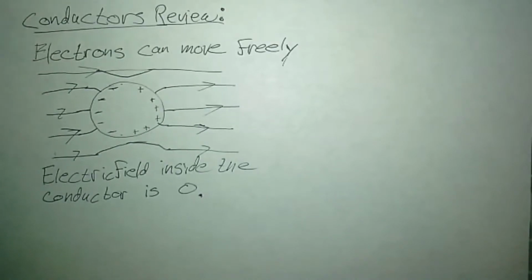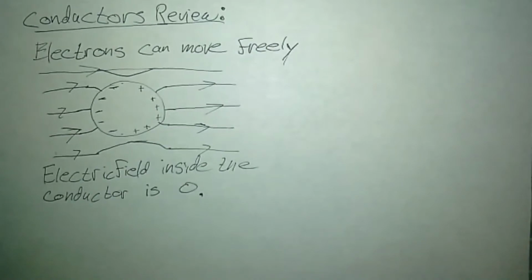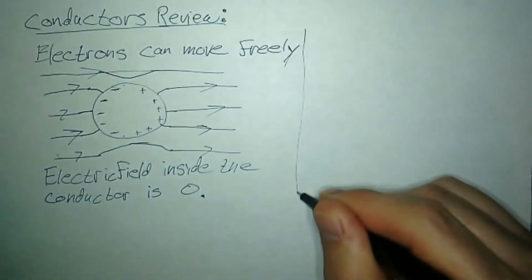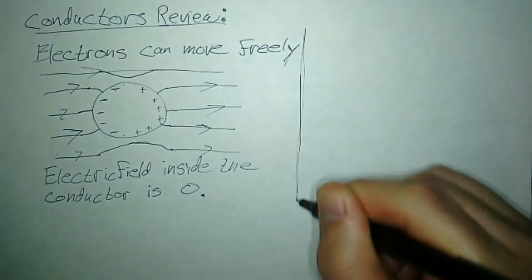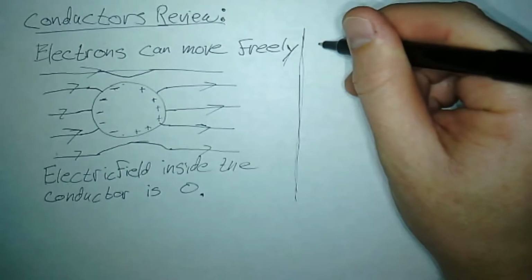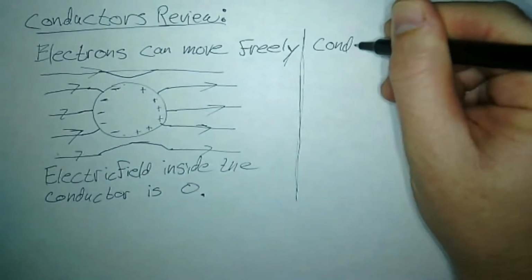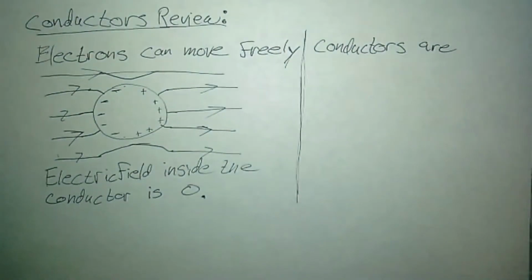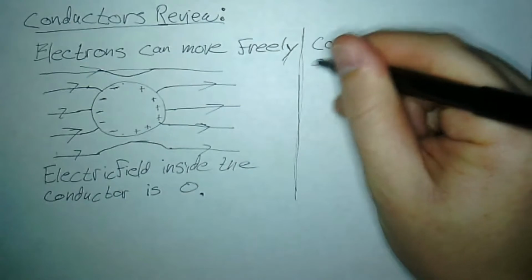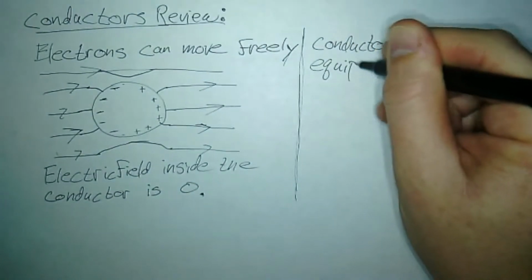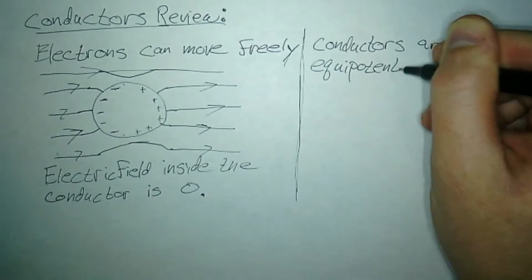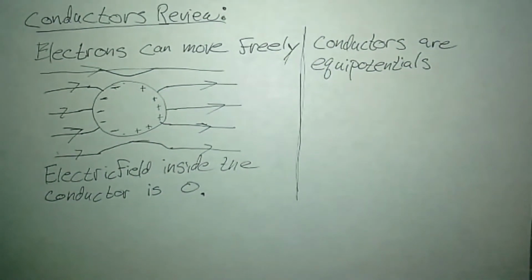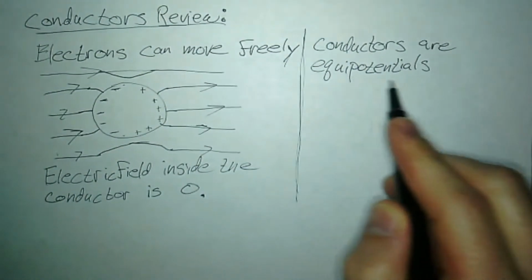Okay. So if we talk about potential, another big point we want to know is that conductors are equal potential surfaces. Now, to remind you guys, an equal potential really just means equal potential.